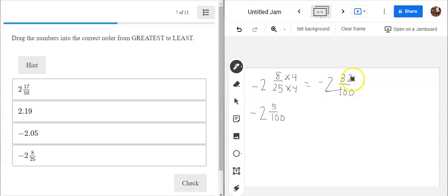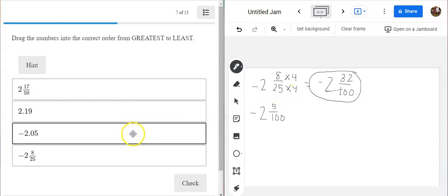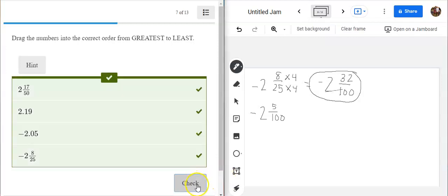So this top one, my negative 2 and 32 over 100, which is negative 2 and 8/25, is actually farther away from 0 than negative 2 and 5 over 100. So it's in the correct order.